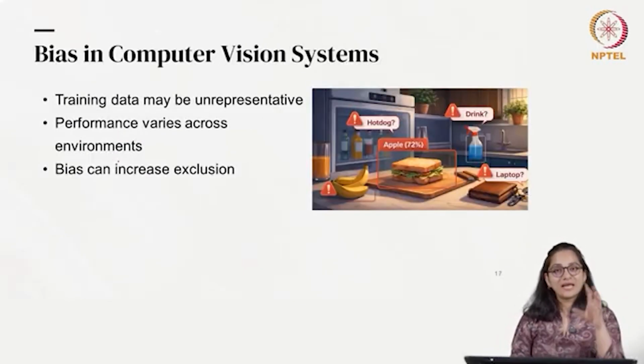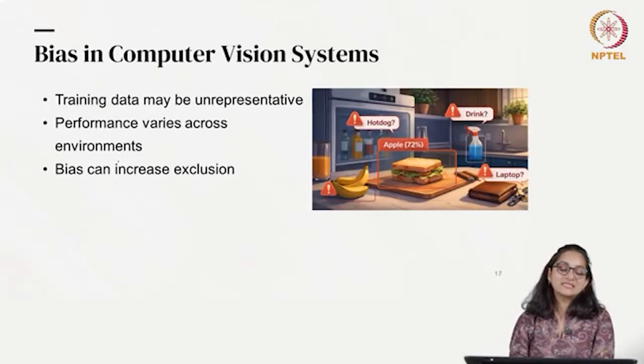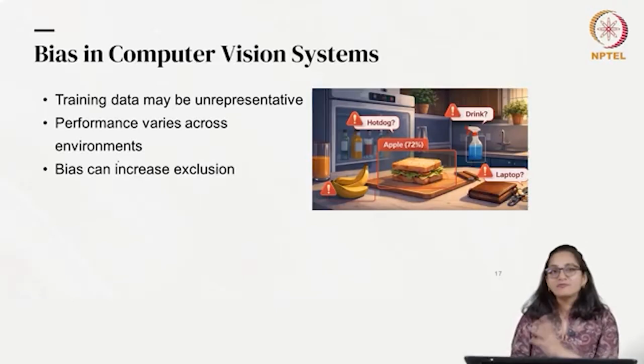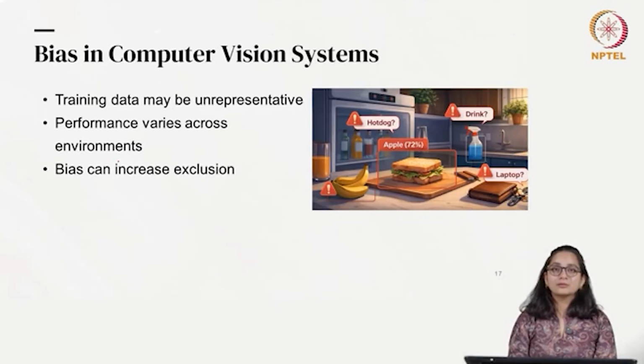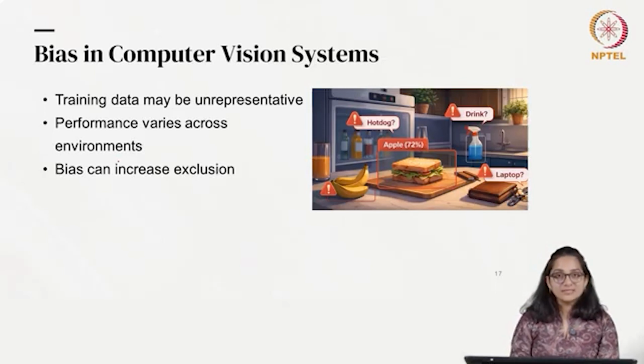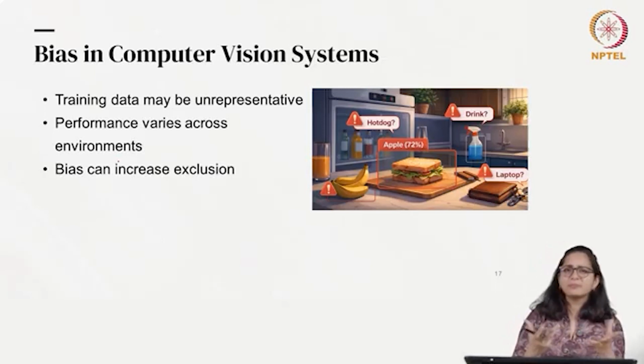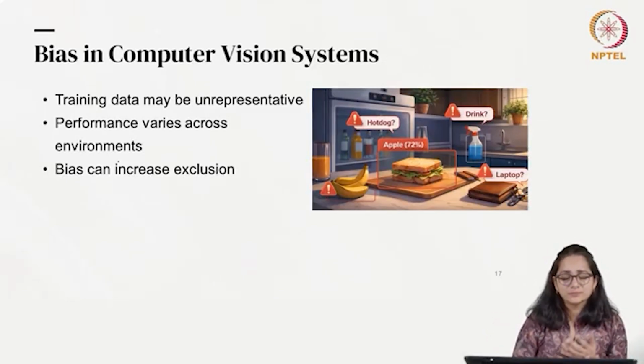One more important aspect of computer vision systems is bias. And where is this bias coming from? So I'm sure you all might have heard about the term LLM. LLM stands for large language models, and basically what it does is that, say, models work primarily on pattern recognition algorithms.